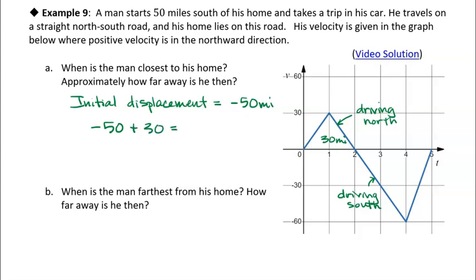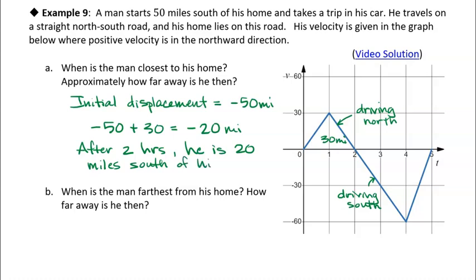That tells us that he was within 20 miles of his home before he started traveling south again. So we can say that after 2 hours, he is 20 miles south of his home.